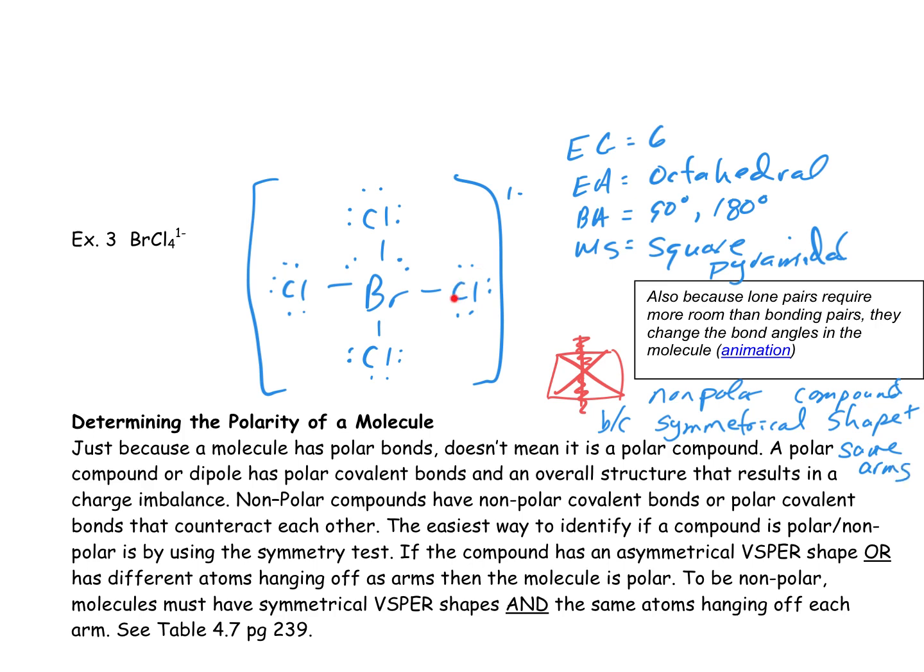If one of these was a fluorine instead of a chlorine, that would automatically unbalance my electron distribution and make this compound polar. It would still have a symmetrical shape, but that different arm creates that polarity.